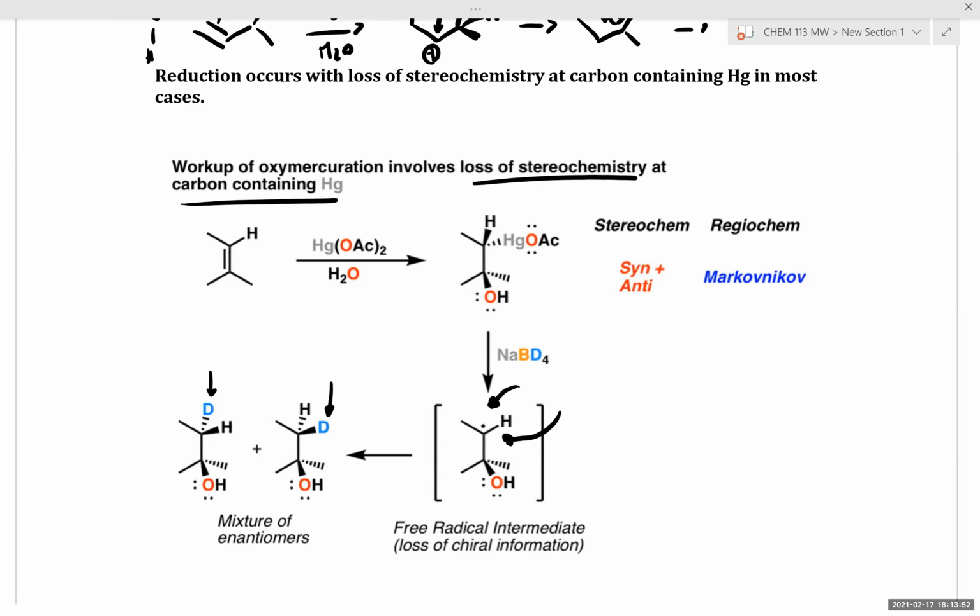Because we see a mixture when we install our hydrogen atom, by definition, we'd have a racemate at this center when we reduce our carbon-mercury bond. So we see experimentally that we often see loss of stereochemistry at the carbon containing our mercury atom during reduction. And part of the reason for that is we're going through this radical intermediate that can be engaged with on either face of the radical. Does that make sense? Does that answer your question?